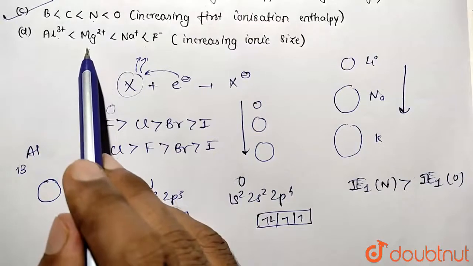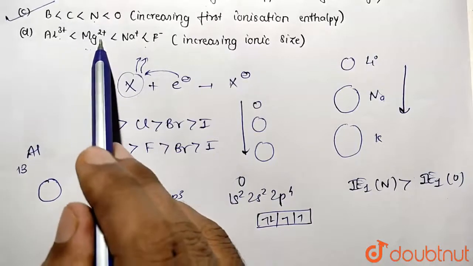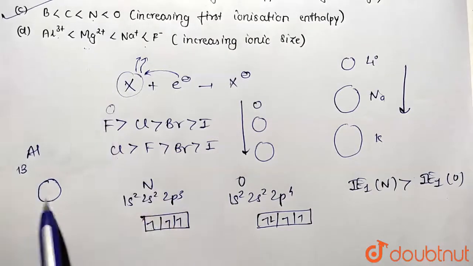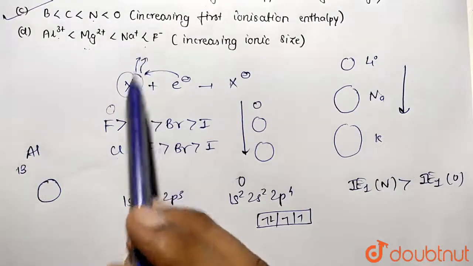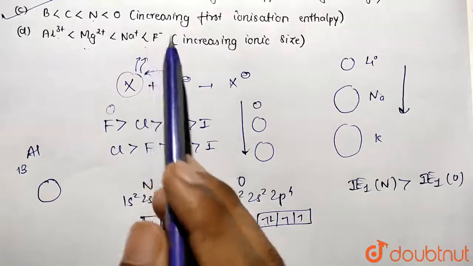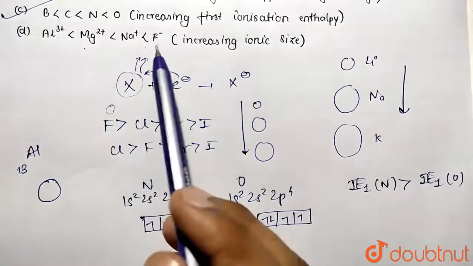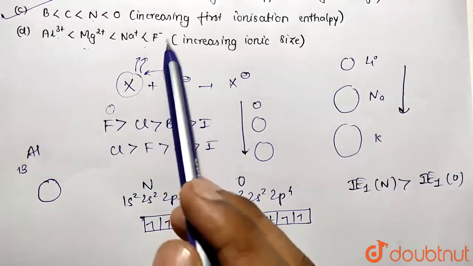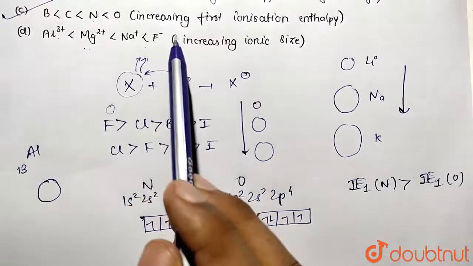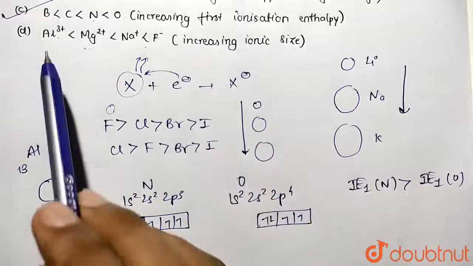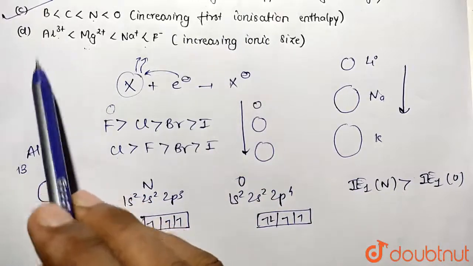Here there will be 12 protons and 10 electrons, so similarly size will be greater as compared to Al3+, and fluorine has 9 protons controlling 10 electrons, so size will be biggest. You can generally remember that the anion is going to have the highest size, then the corresponding neutral atom, then the cation. The more the negative charge, the larger the size; the more the positive charge, the smaller the size.